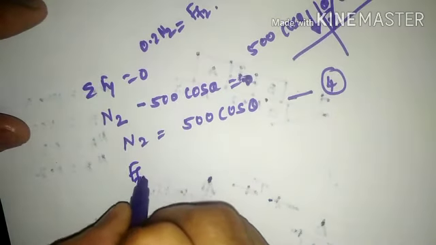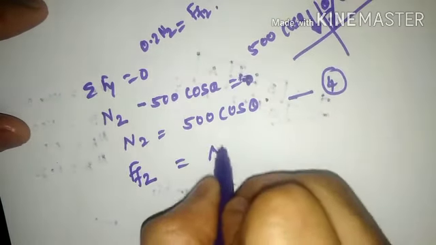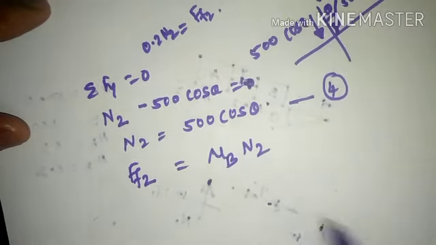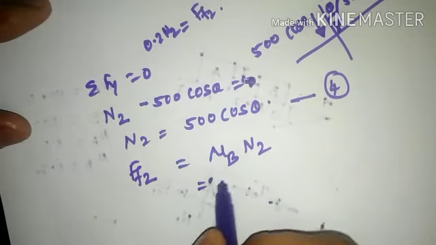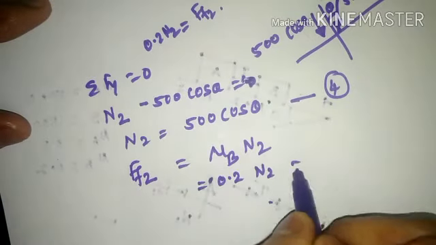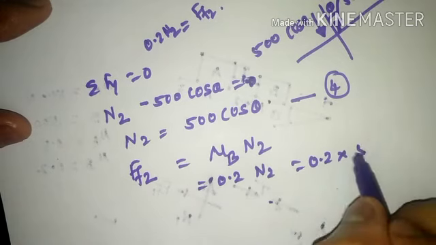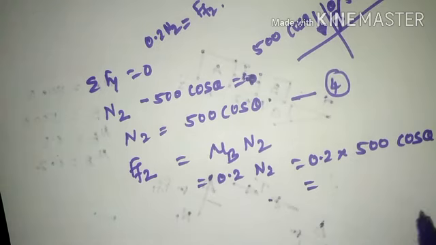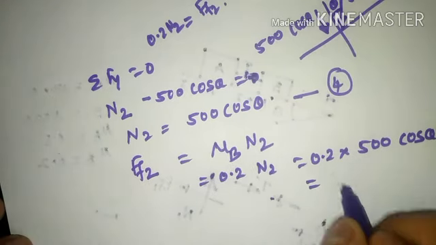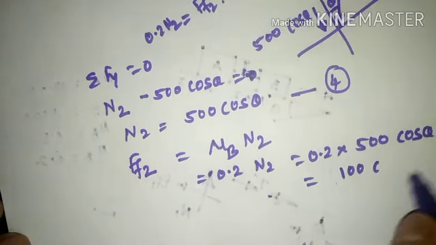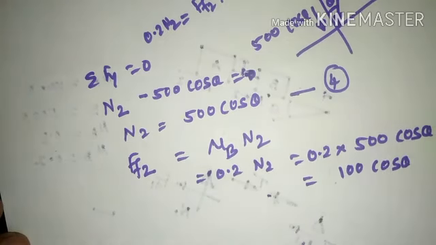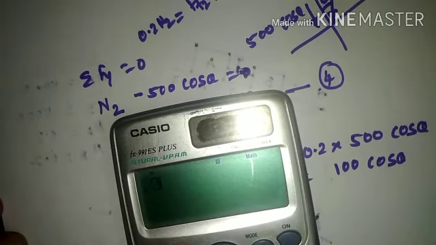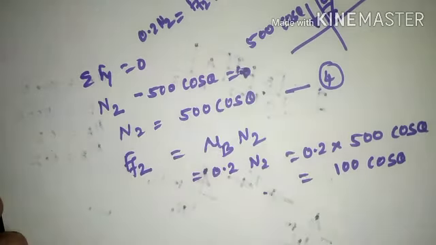After that, we are going to find the frictional force here. Frictional force will be mu times N2, which is mu times B. Now mu times B is 0.2, so 0.2 times N2, which will be 0.2 times 500 cos of theta, which will come out to 100 cos of theta, because 0.2 into 500 is 100 cos of theta.